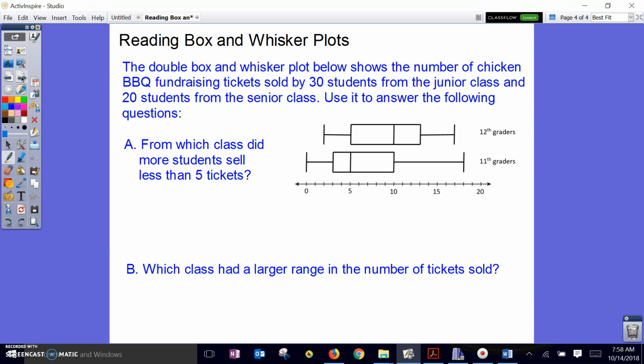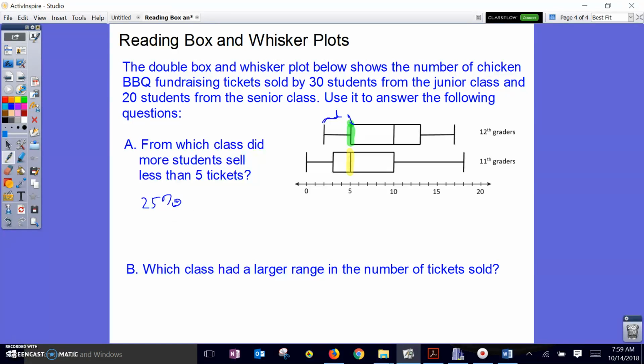Part A. From which class did more students sell less than 5 tickets? Okay, so looking at these box and whisker plots, 5 tickets are right here. And if you look for the 12th graders, that data point is the first quartile. So 25% of 12th graders sold less than 5 tickets.